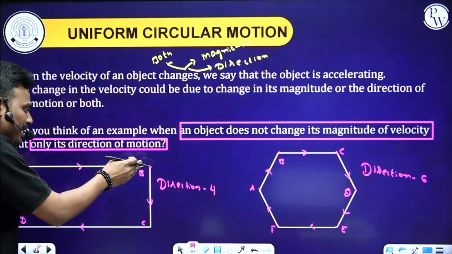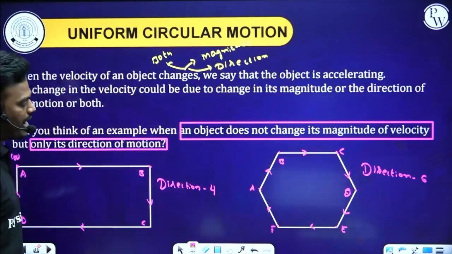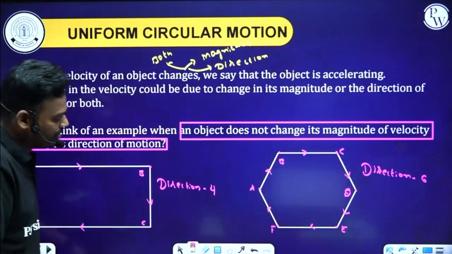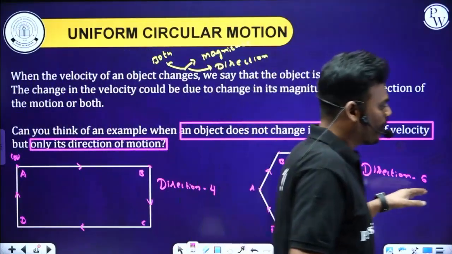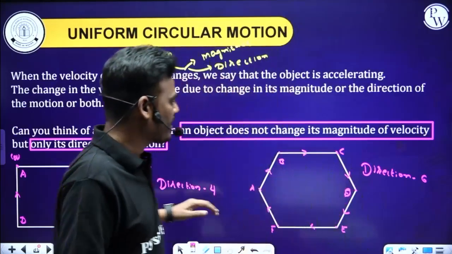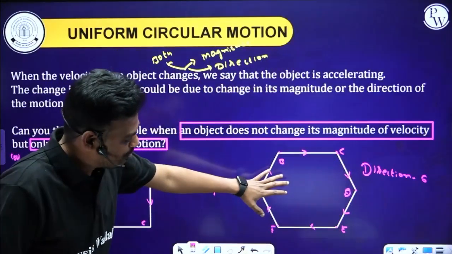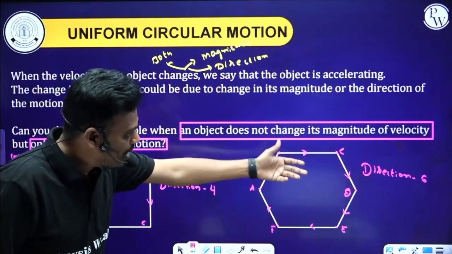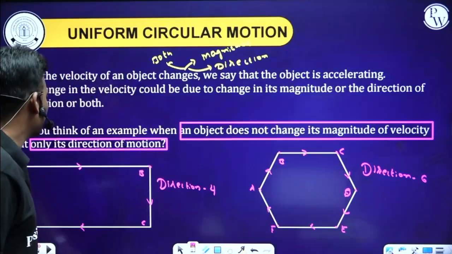So as I'm decreasing the length of the track, the change in direction keeps on increasing. First it was the rectangle, now this shape, hexagonal, now octagonal. Let's see what happens to the next one.